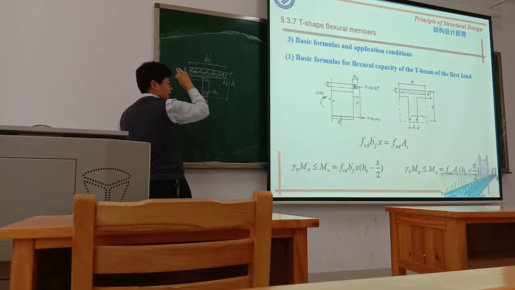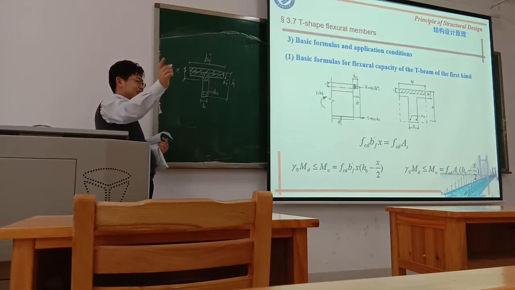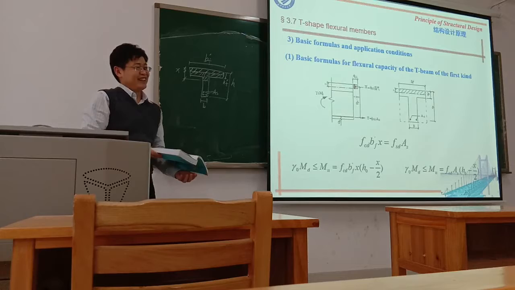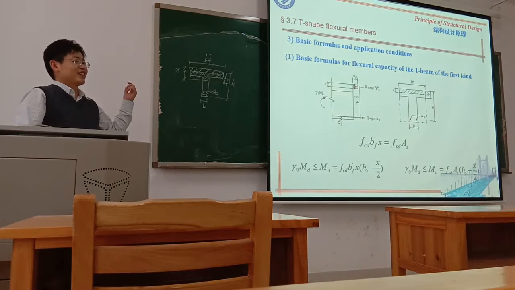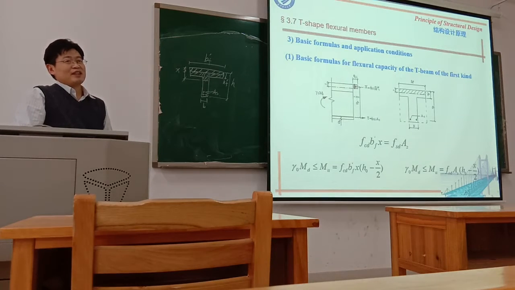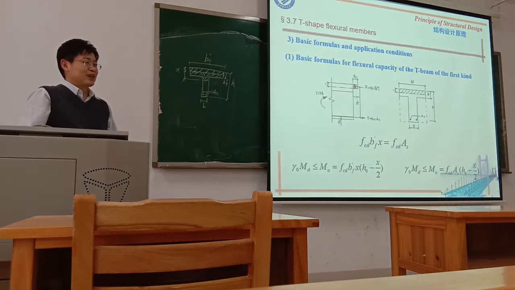Okay, can you write that? Don't look at your book, just look at the figure. Based on your understanding of this figure, write down at least the two basic equations. You can try, then go to your book to see if you can or not.